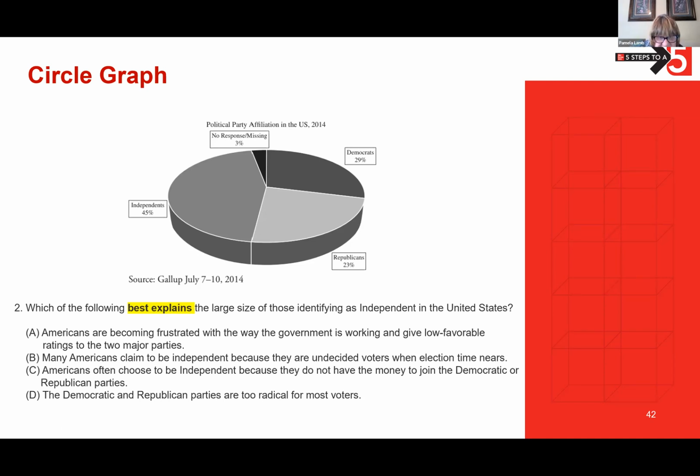Americans are becoming frustrated with the way government is working and give low favorable ratings to the two parties. Many Americans claim to be independent because they are undecided voters during election time. Americans often choose to be independent because they don't have the money to join either of the parties, or the Democratic and Republican parties are too radical for most voters.